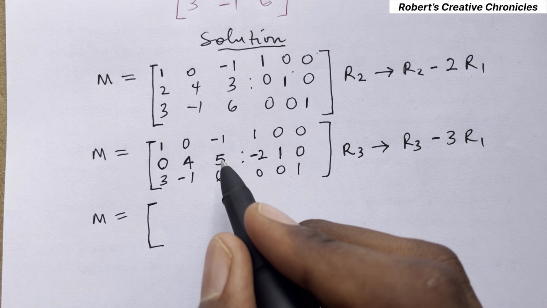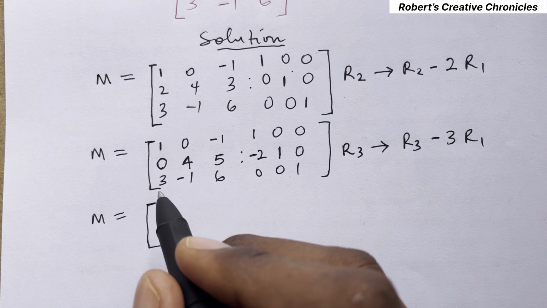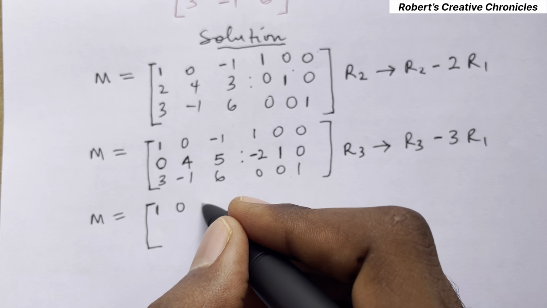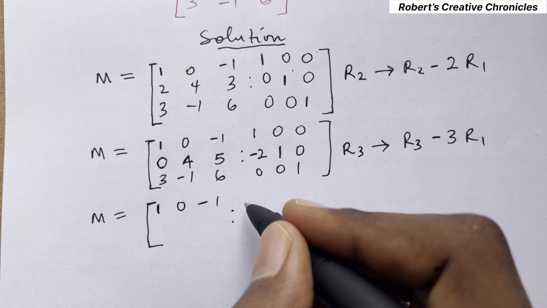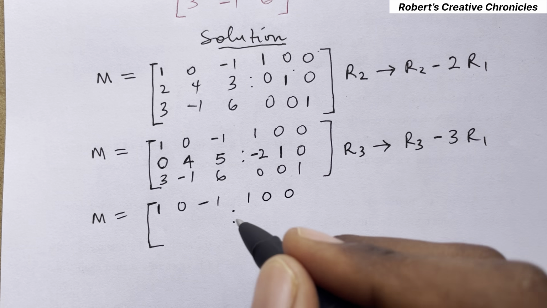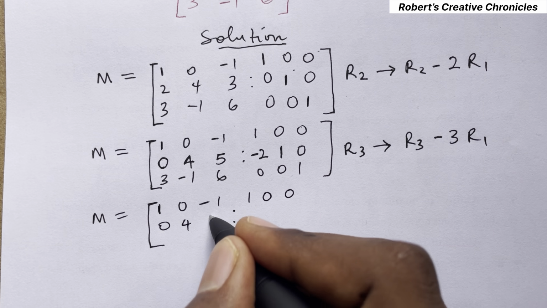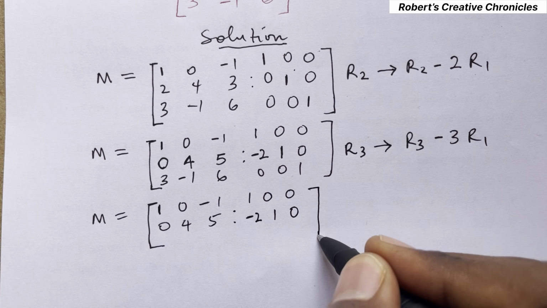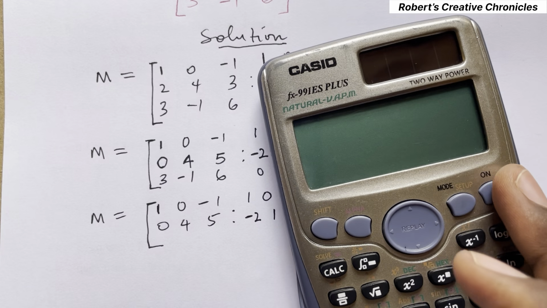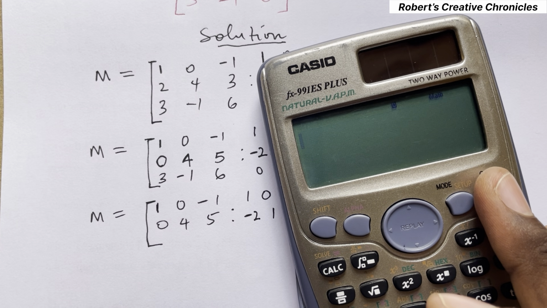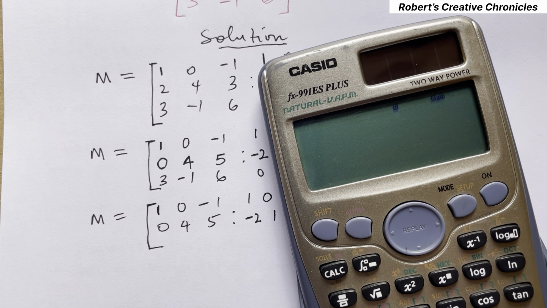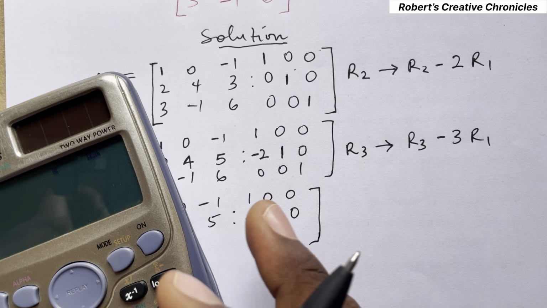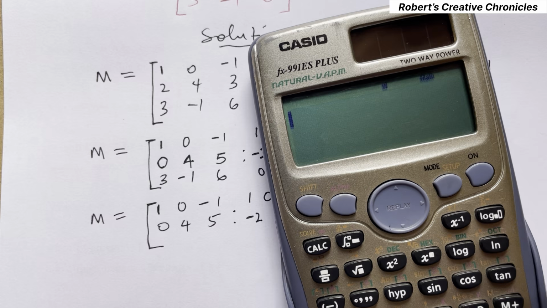But all the other rows will still remain the same, so we'll write the other rows: 1, 0, minus 1, 1, 0, 0, 0, 4, 5, minus 2, 1, 0. You can use our calculator to do this. So now it will be row 3 minus 3 times row 1.